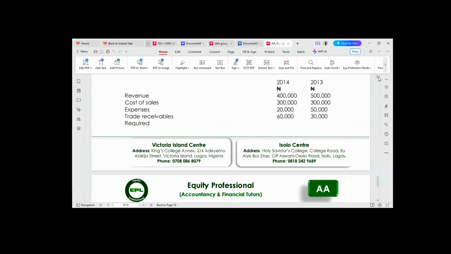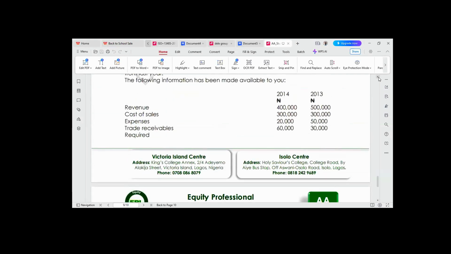What do we have here? Expenses in 2013 is 50,000, and in 2014 you have 20,000. That's what it means. So what they're now telling us is that it has dropped.